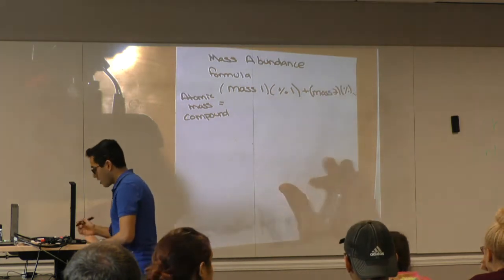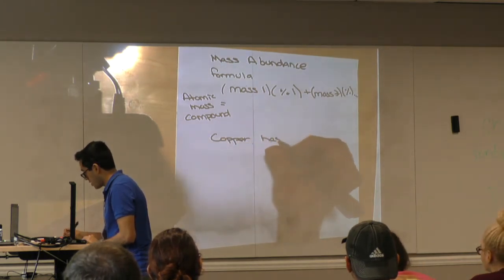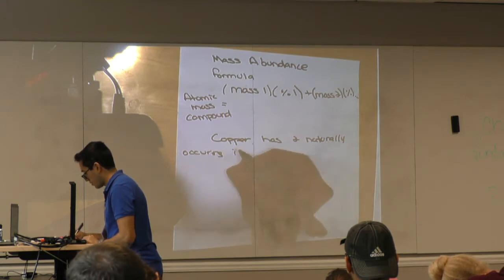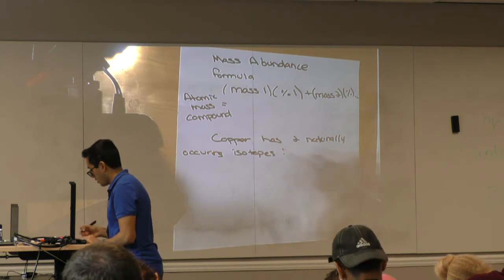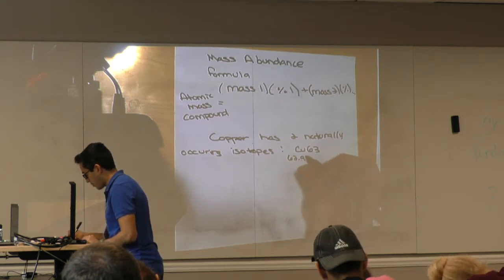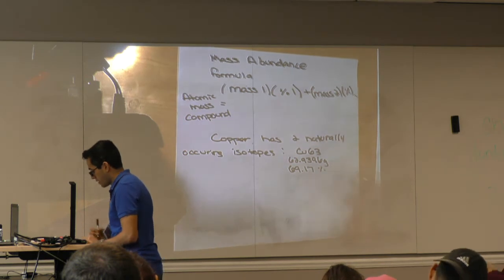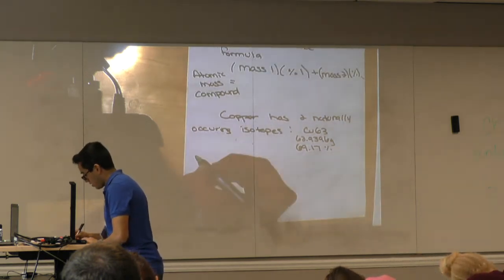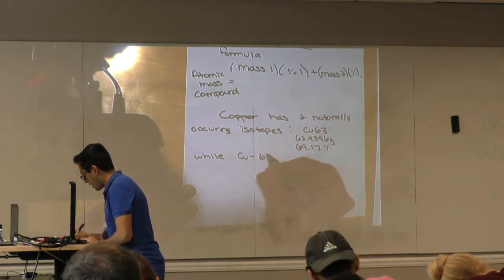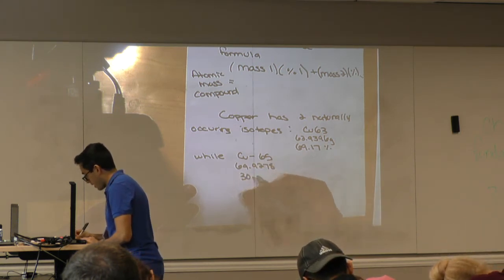Remember that, okay? And so our question is, if we're given that copper has 2 naturally occurring isotopes, labeled Cu63, which has an atomic mass of 62.9396 grams per mole and a 69.17% abundance, while its other isotope, Cu65, has a mass of 64.9278, an abundance of 30.83%.